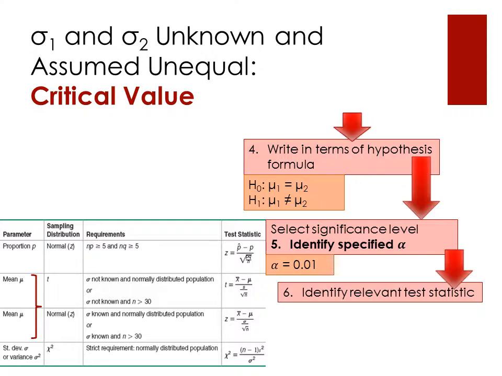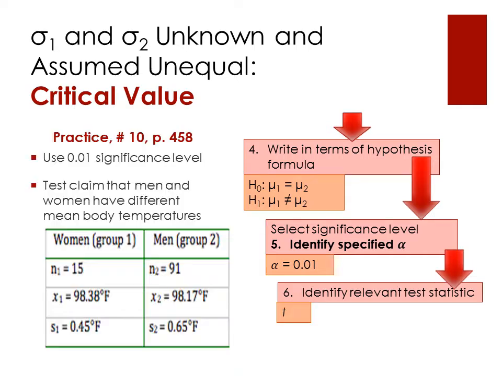That's going to hinge on whether or not the standard deviation for the population is known or not known. So in our situation, our standard deviations for our populations are not known. Okay, so when we're looking at this, we can see that we're going to be solving for a t value. So that identifies our test statistic, and that's what we're going to be solving for from here on out.